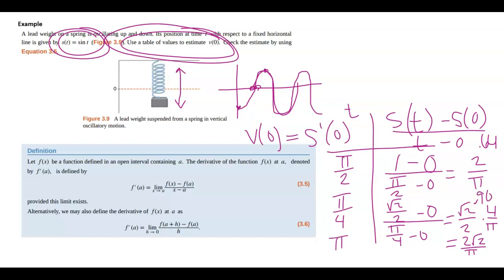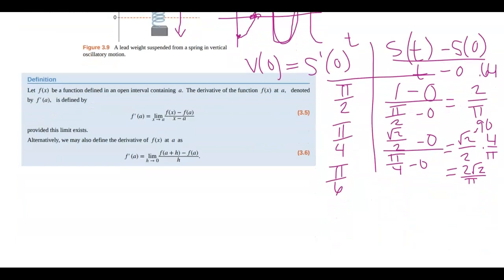We could do pi over 6. So sine of pi over 6 is 1/2 minus 0 over pi over 6 minus 0.